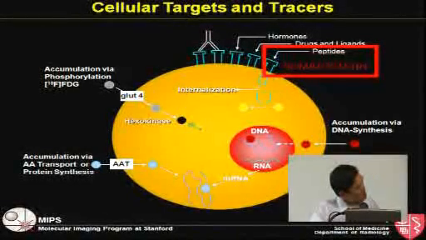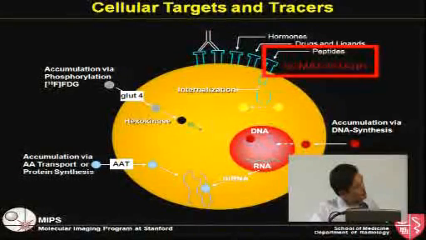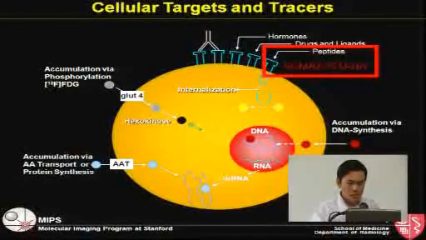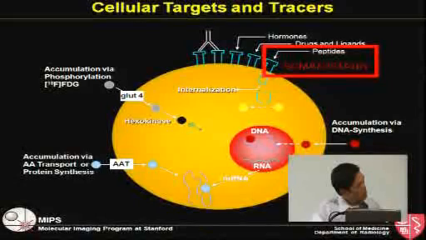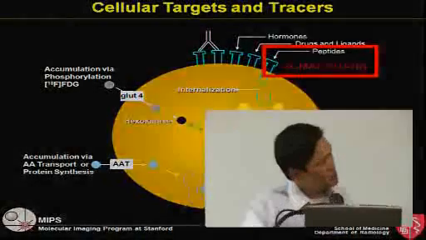That's mediated, at least in part, in some tumors, by a somatostatin receptor. Somatostatin normally receives growth hormone and other types of compounds. We can take advantage of this by making a compound to bind to the somatostatin receptor, which helps us with imaging.